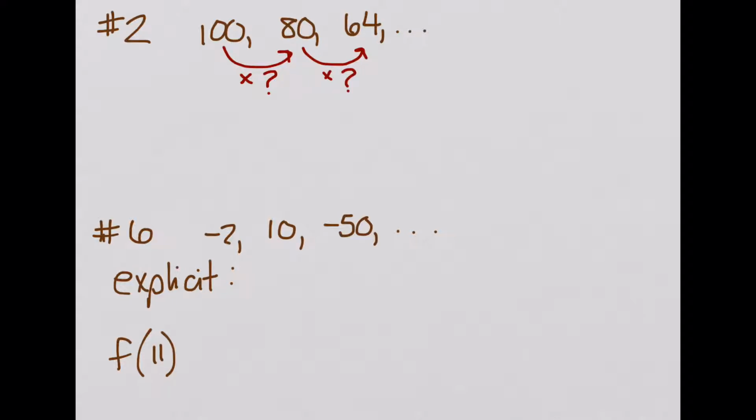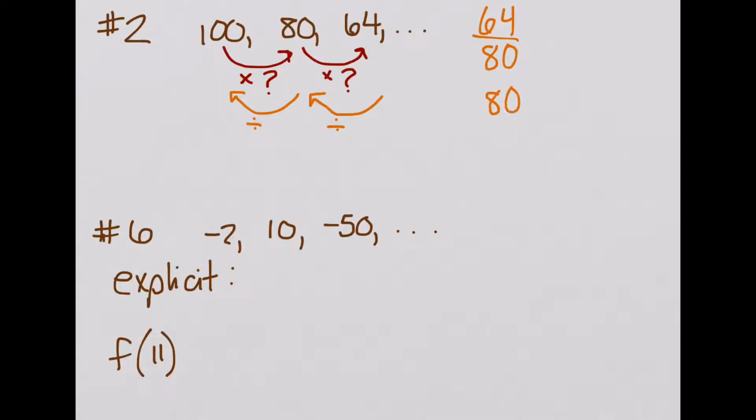You're going to start to see sequences or exponential relationships that are a lot harder to see, and you don't know just by staring at it. Oh, look, it's doubling or whatever. So the way to figure that out is if you're going from left to right and multiplying, that must mean that from right to left you would be dividing. And so we're going to use that little trick to work backwards and say, okay, what is 64 divided by 80?